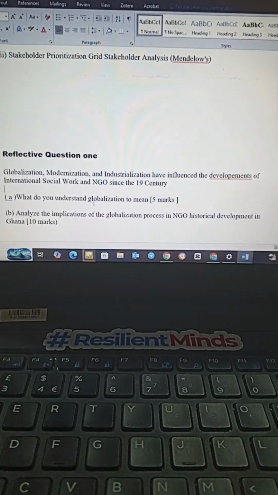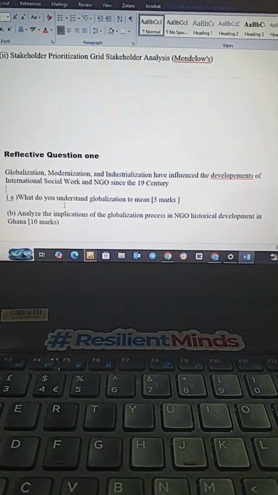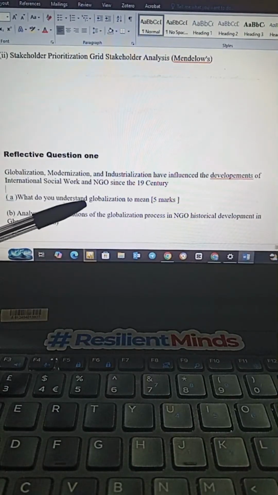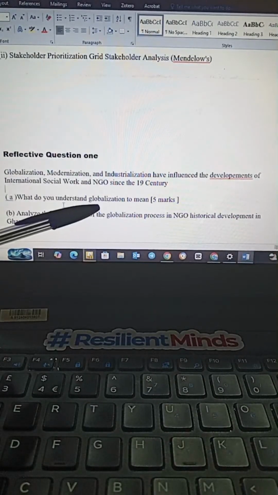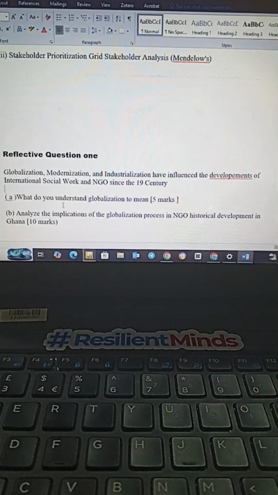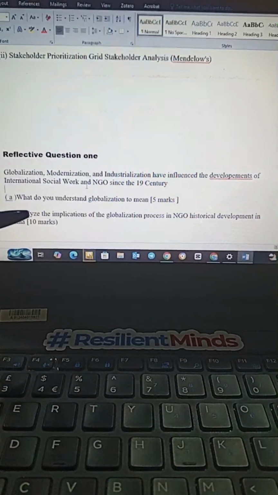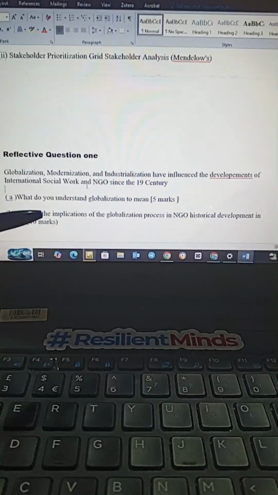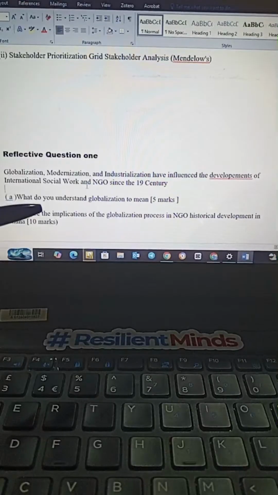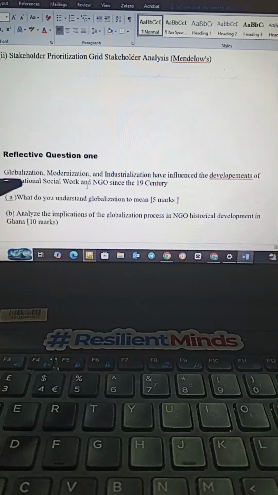That's very true, but this is just a preamble. What is the question? The question says, what do you understand by the term globalization? So here you will need to explain the meaning of globalization.